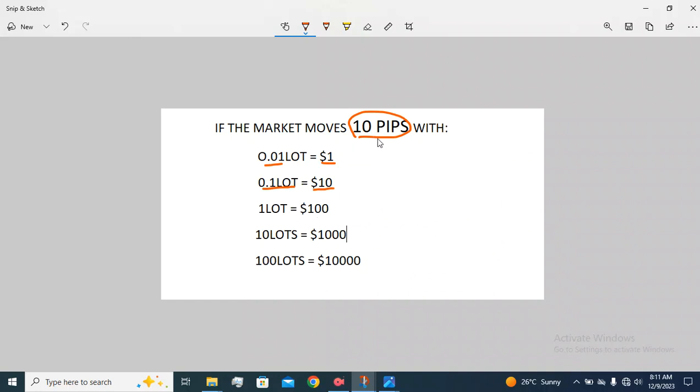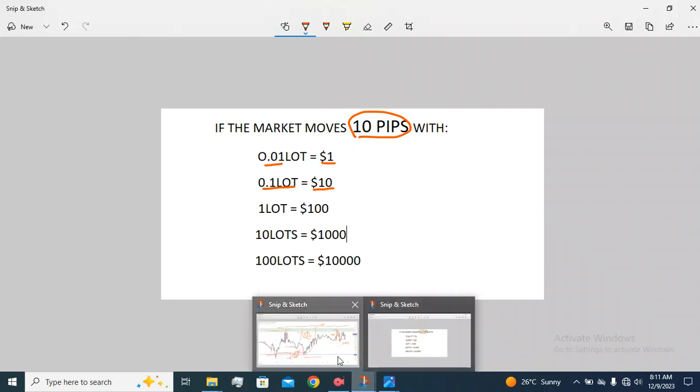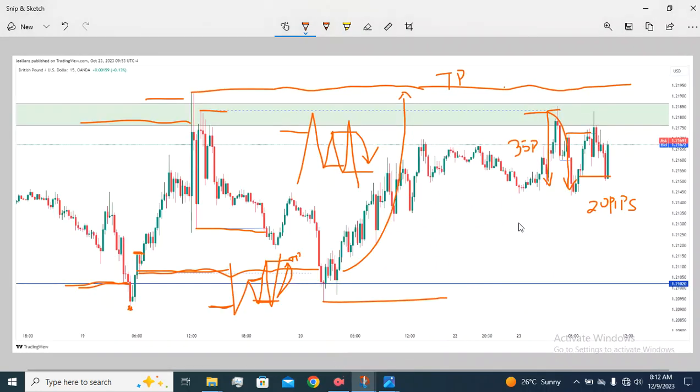The same 10 pips. Okay, let me show you exactly what 10 pips mean in this chart. Remember, we just proved that from here to here is 35 pips. From here to here is 20 pips. So 10 pips will be around here, halfway.